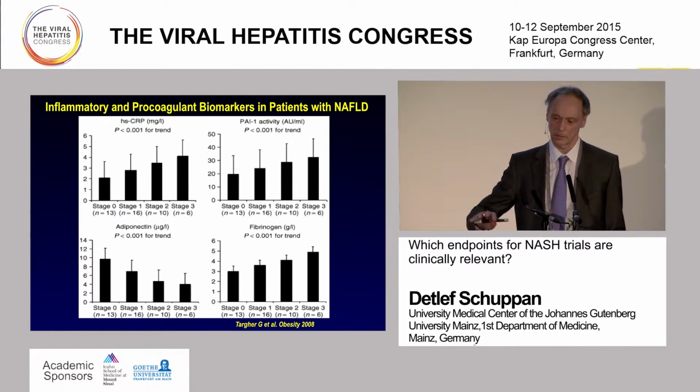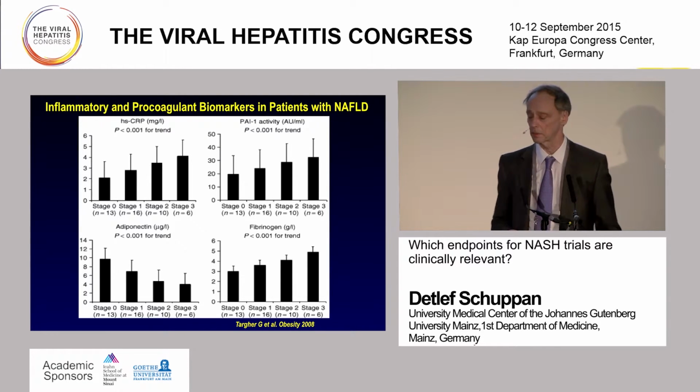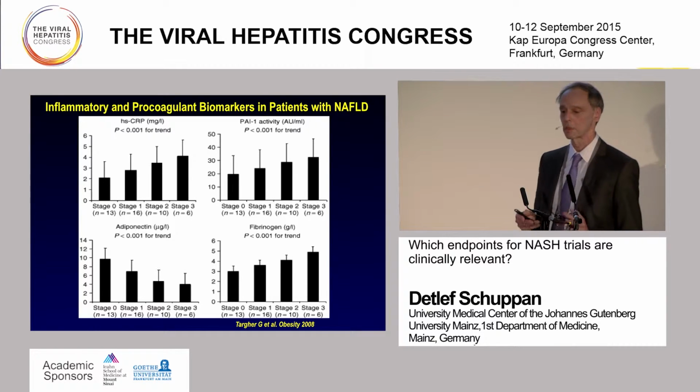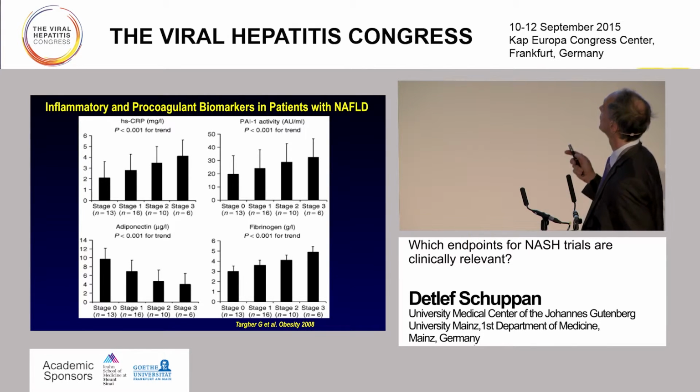And already going towards biomarkers, cardiovascular mortality and morbidity can be predicted by certain biomarkers, and potentially also in the future in clinical studies by a combination of these markers. And some of these are listed here again in relation to the stage of fibrosis of NAFLD NASH. You can see here that there is an increase of highly sensitive CRP.